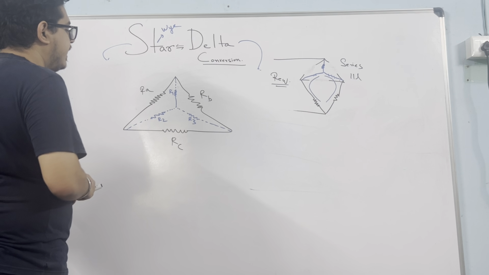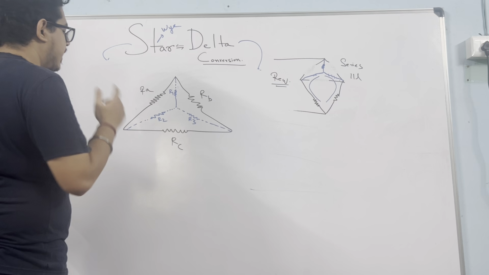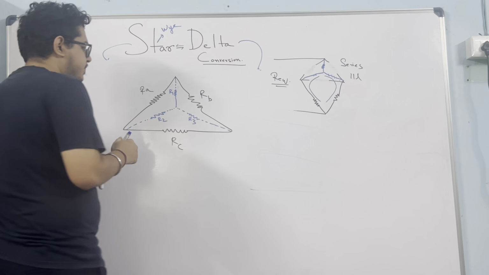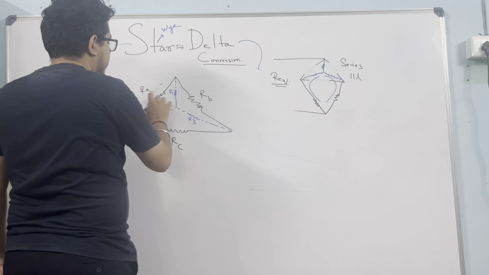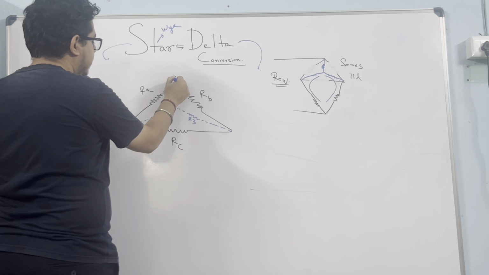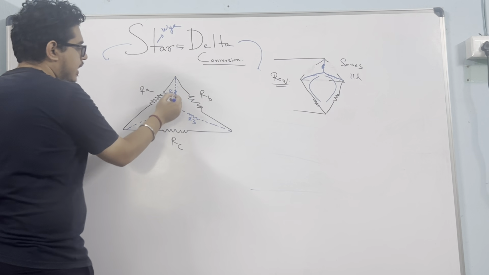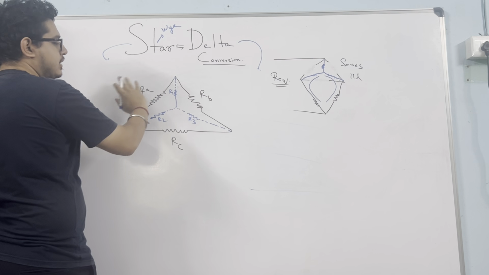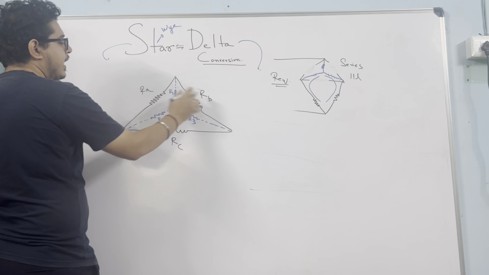So how can I write R1, R2 and R3? See this, the junction point of R1 is between RA and RB. R1 is connected to this point, and from this point the side resistances are RA and RB.